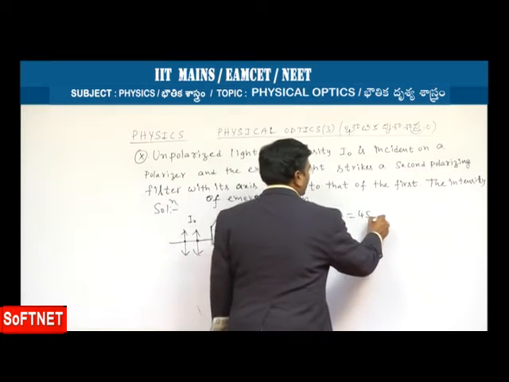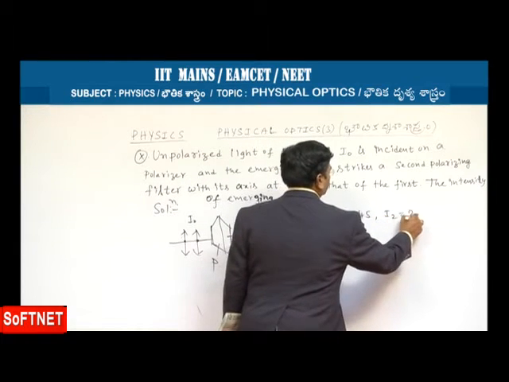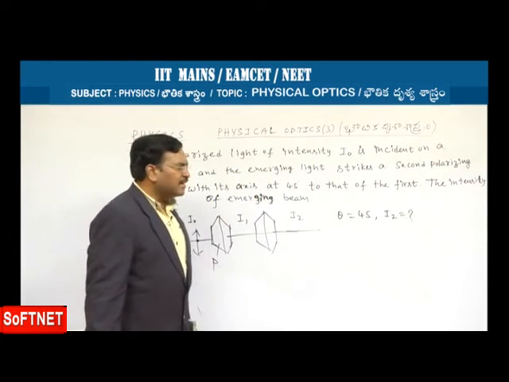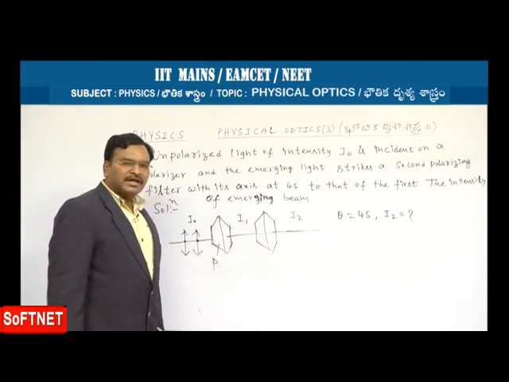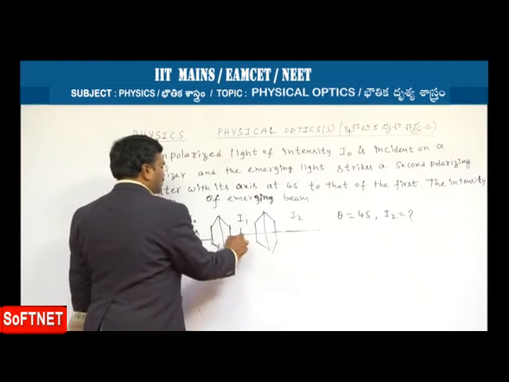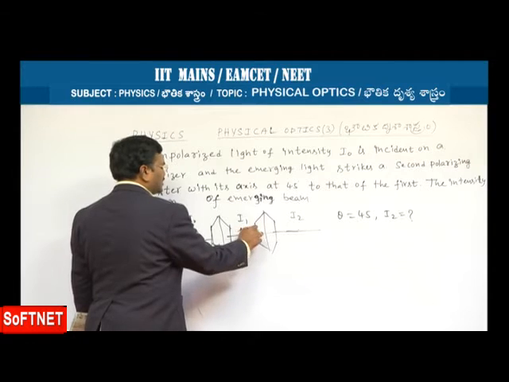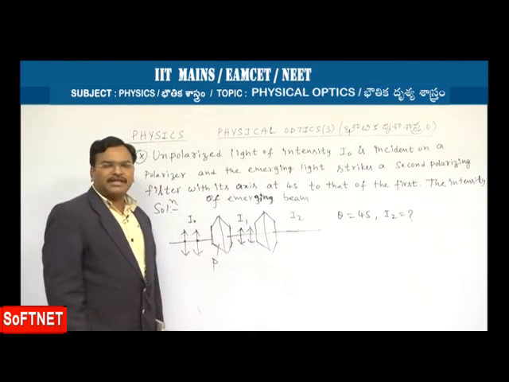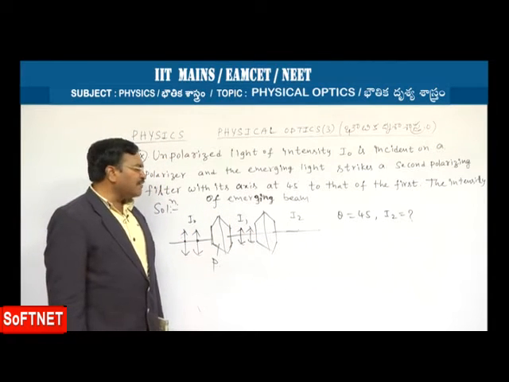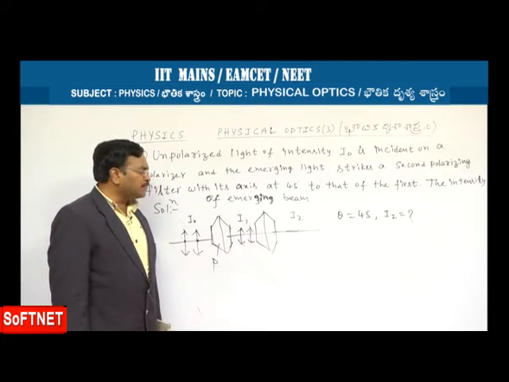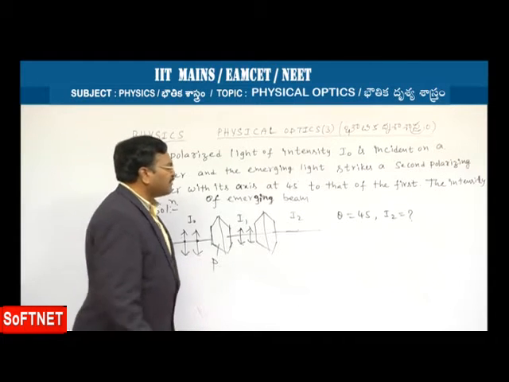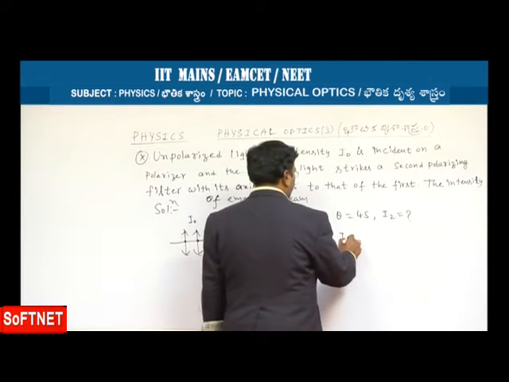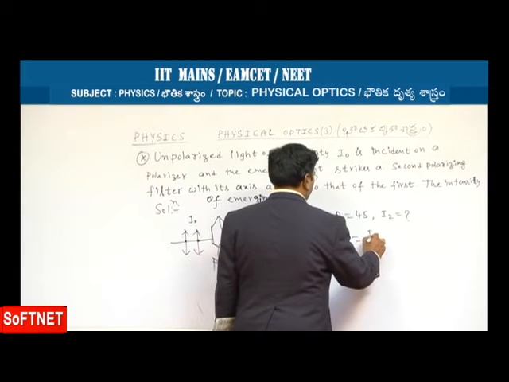First, if unpolarized light is incident on the tourmaline crystal, it absorbs one component, so the intensity becomes half. I1 is equal to I naught by 2.